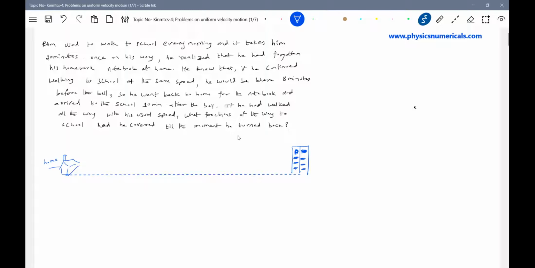Now we will start with a speed u. Let the velocity of walking be u. The distance of the school from home, let it be x.